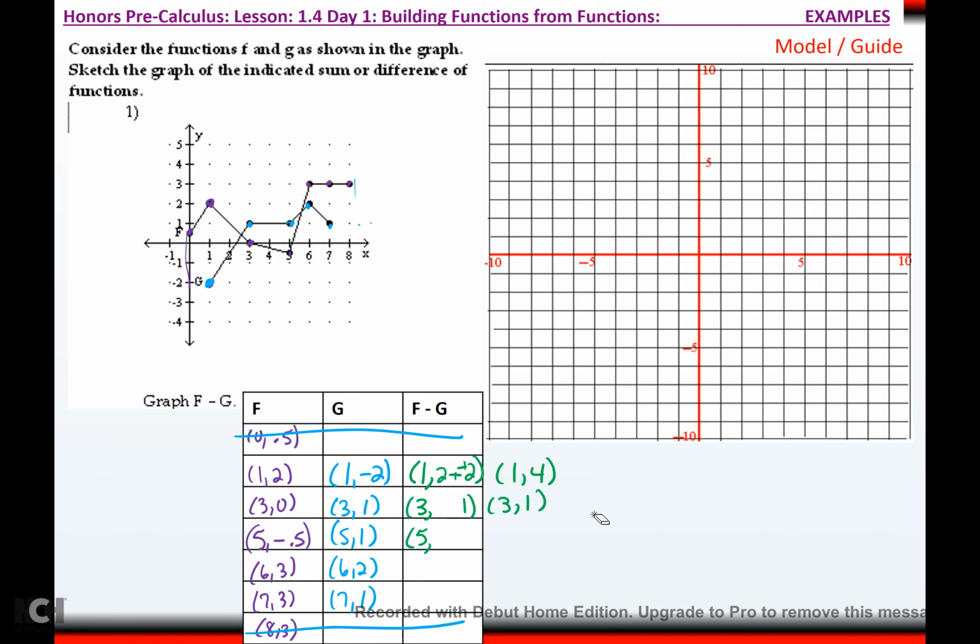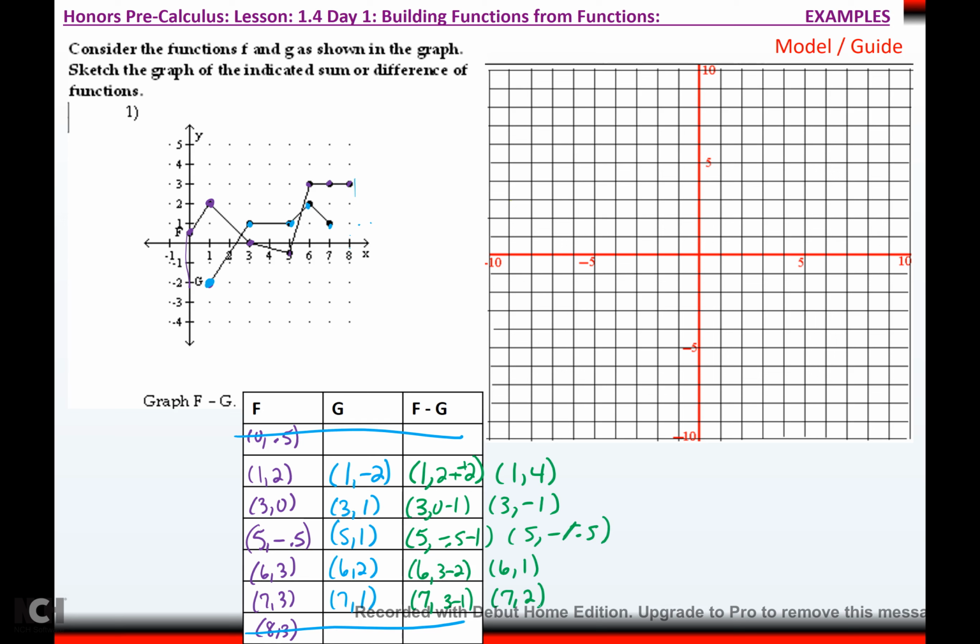Oops, I'm not adding, I'm subtracting. 0 minus 1 is going to be 3, -1. And this is going to be -0.5 minus 1, which is going to be 5, -1.5. My next one is going to be 6, 3 minus 2, so that's going to be 6, 1. And this is going to be 7, 3 minus 1 is going to be 7, 2.